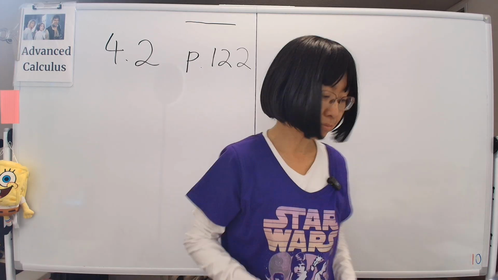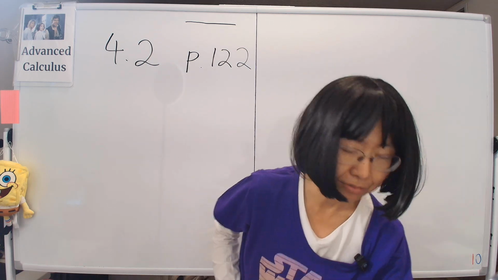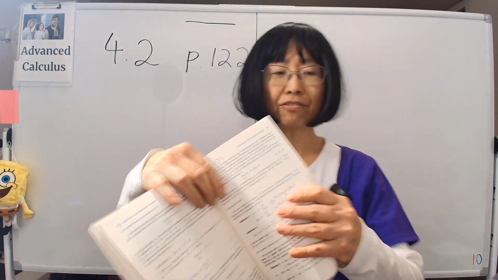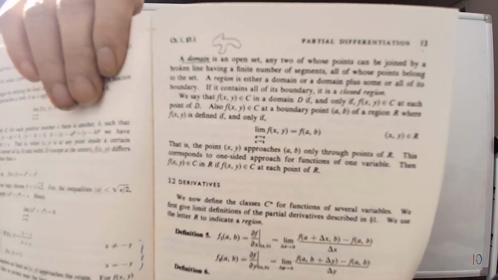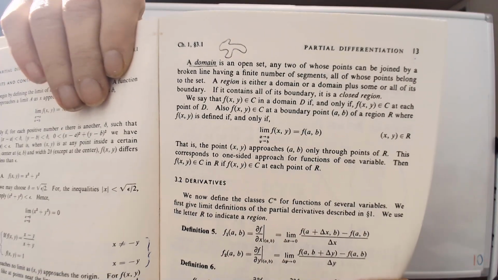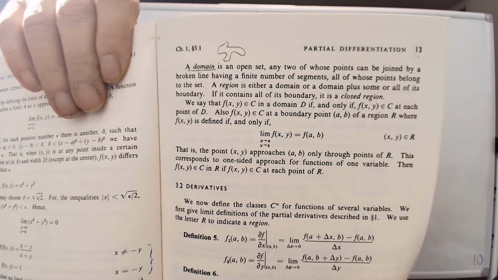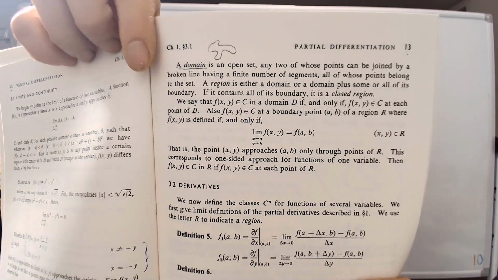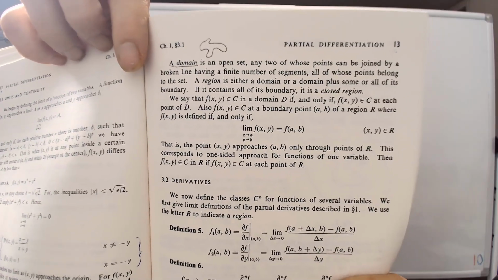Now, what does the word region mean? We had the definition of the word region back on page 13 of the book, and I want to refresh your memory because we haven't really seen it for a while. First, remember that a domain in this book is an open set and connected, okay? That's what the joined by broken line means. It's an open and connected set.